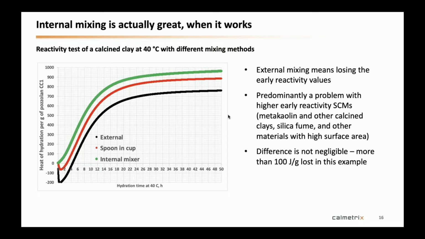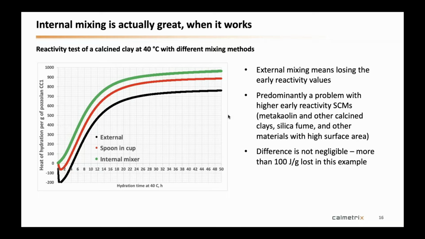And it's not because there's an endothermic reaction in there, it's because the temperature of the environment where you mixed the ingredients was below the 40 degrees. And this issue is exacerbated the more temperature difference you have between your environment where you mix the materials and the calorimeter, the deeper this curve will go and the longer it will take to recover. And so you miss out on this whole range of data in the beginning when you mix outside.